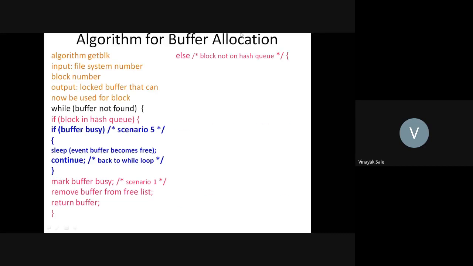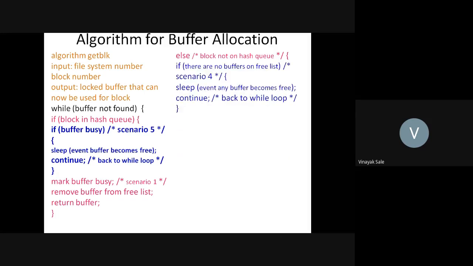So if the buffer is not on the hash queue, then comes the else part. It will check if there are no buffers on the free list, that is scenario 4. If there are no buffers, then the kernel goes to sleep mode until a buffer becomes free, and again goes to the while loop, that is, continue.